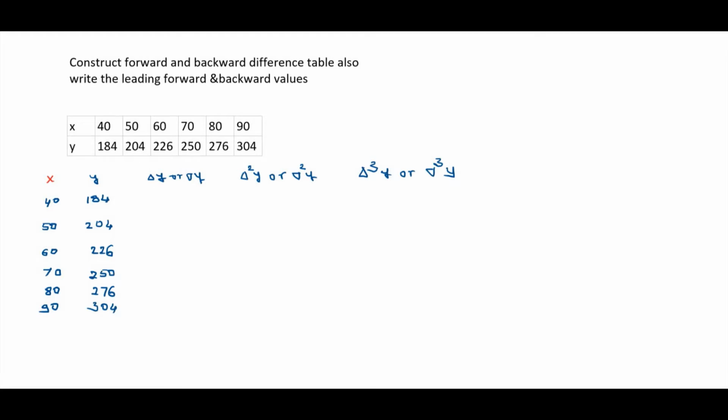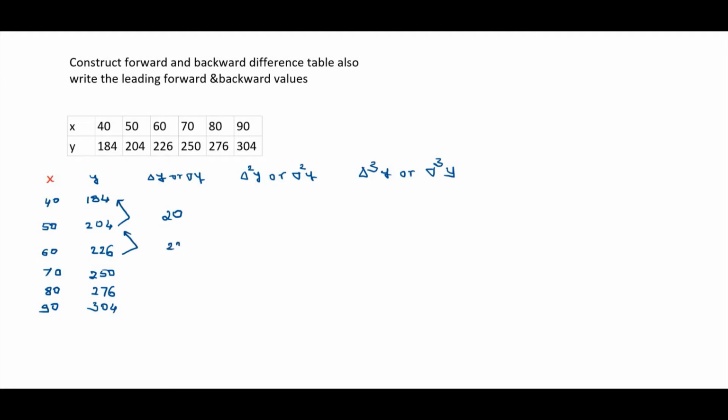Now for forward as well as backward difference table, we have to use the same rule, second term minus first term. Here the second term is 204 and the first term is 184. What is 204 minus 184? You will get 20. Next, what is 226 minus 204?